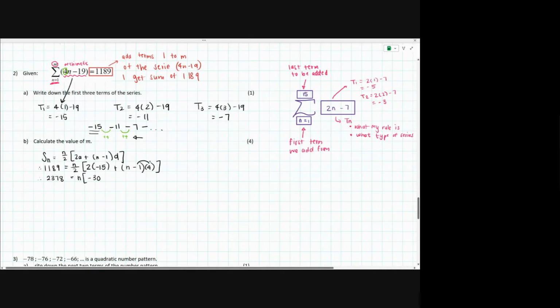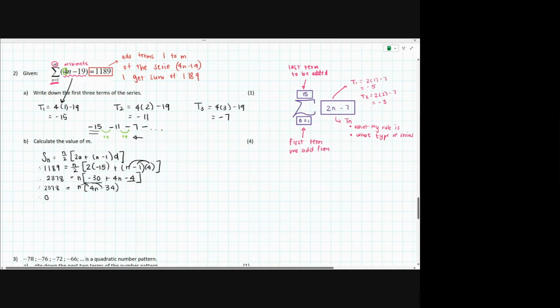I distribute the 4 into my bracket to give me plus 4n minus 4. And then I just neaten up that bracket. So 2,378 is equal to n. In my bracket, negative 30 minus 4 gives me negative 34.